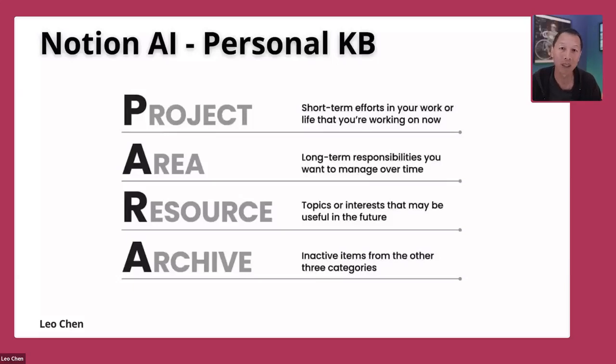You can see right here the way that I've organized it is based on this PARA system. Okay, I didn't come up with it. Somebody really smart came up with it, is that you organize everything by project, by area that you're interested in, by resources, meaning these are resources to help me with my projects, or this is an archive task or project that I already finished. Okay, so this is how we organize that.